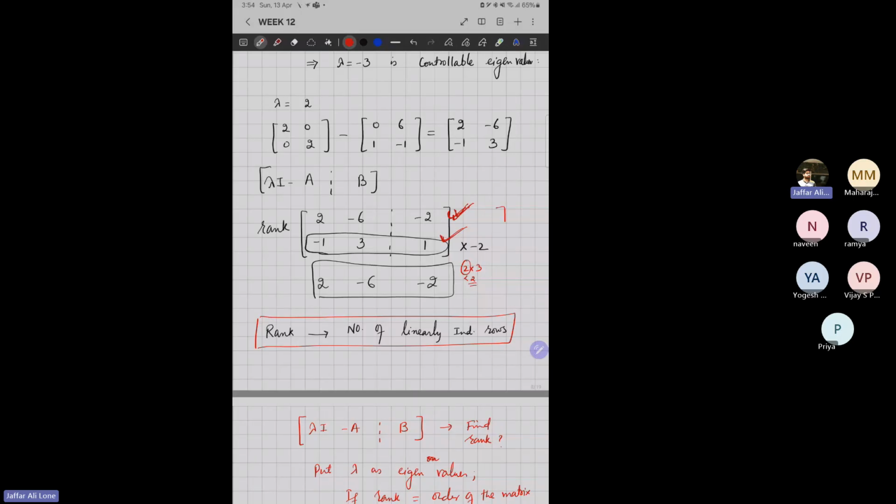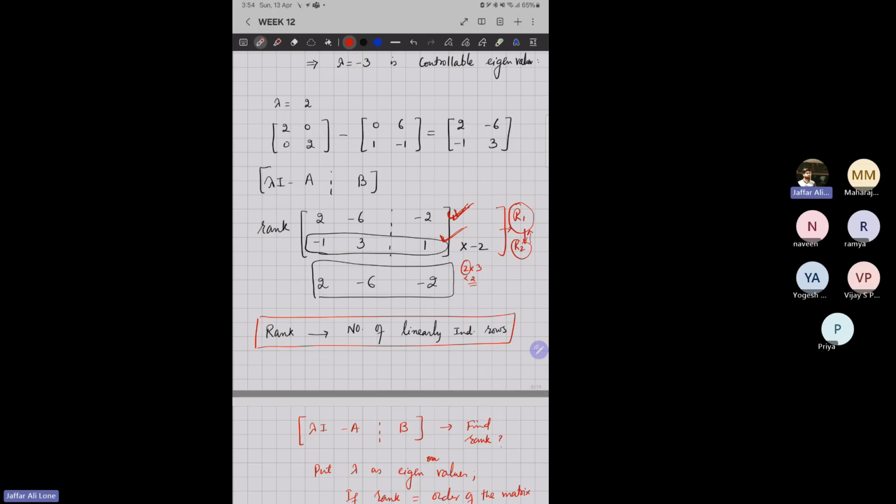If I compare these two rows, I will have to see whether I am able to get any row from the other row. Let's assume I have R1 and R2. If I am able to obtain R1 from R2 or R2 from R1, then these rows are linearly dependent.